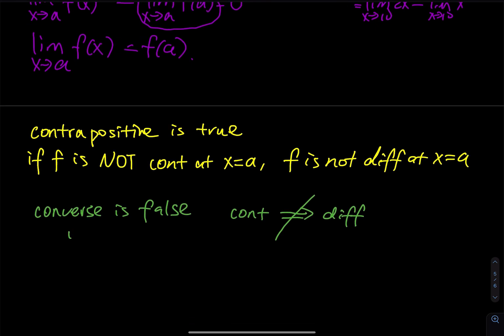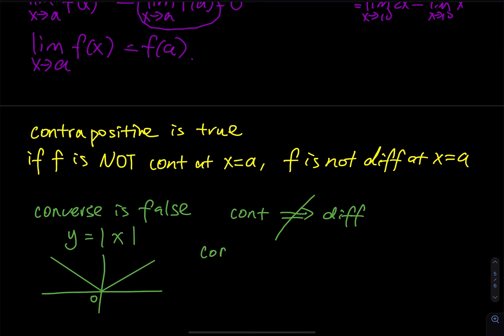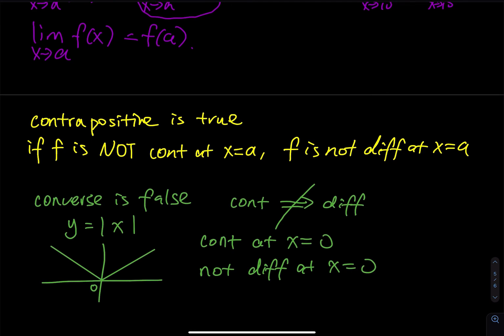So one typical example is y equals the absolute value of x. Do you remember this graph? We have this graph, right? And there is a sharp point at x equals 0. So this is continuous at x equals 0, but not differentiable at x equals 0 due to a sharp point, because (0, 0) is a sharp point.